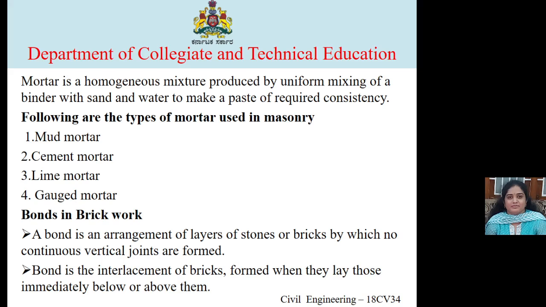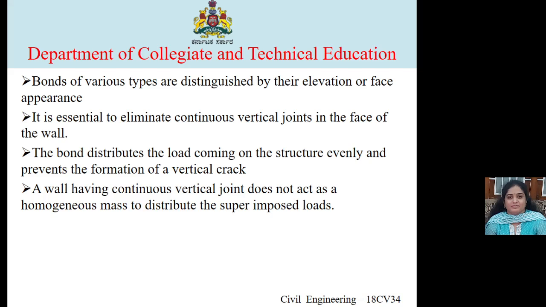Bonds are the interlacement of bricks formed when they are laid over those immediately below or above them. Bonds of various types are distinguished by their elevation or face appearance.